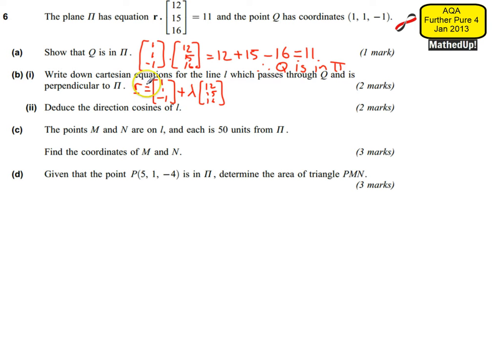Okay, so to write this in Cartesian form, I'm going to call this x, y, z over here, and then I'm going to subtract this from both sides of my equation. So I'm going to get, I'll write it over here, x take away 1, y take away 1, and z plus 1, and that's going to be equal to lambda (12, 15, 16).